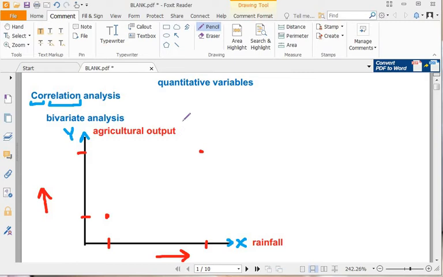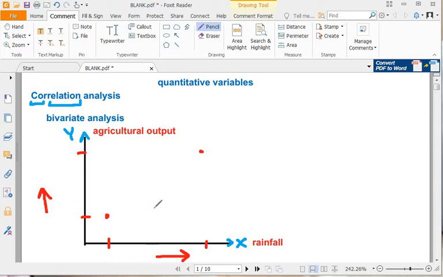But what actually happens? I need data, right? So I might collect data of the past 50 years. I collect data every year about the total or average annual rainfall of India for the past 50 years, and I take the average agricultural output of India for the past 50 years.